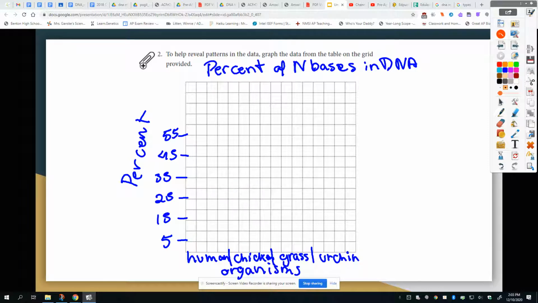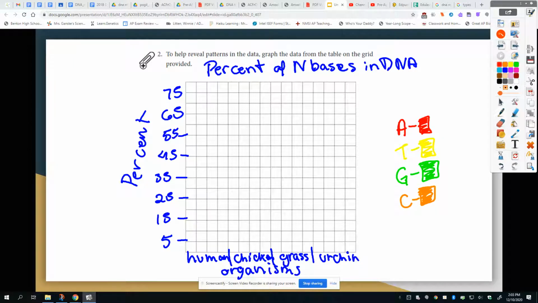And we would keep going to make sure we filled it in. So you would choose a scale that would work for the numbers that you have. And then I would have created a legend. So A, I would have done in red, maybe T in yellow, maybe G in green, and C in orange.